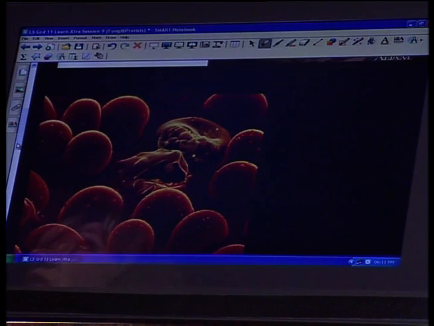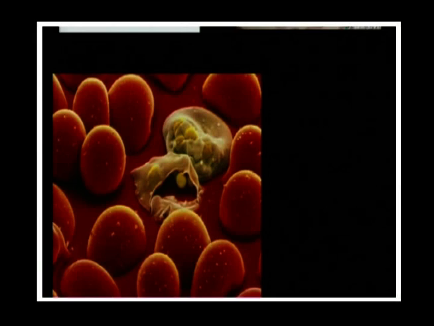And here is the most beautiful picture. Look at those red blood cells and look at those little parasites bursting out. Each one of these little balls is one of those Plasmodium parasites, and each one of those is going to look for a new red blood cell to infect.